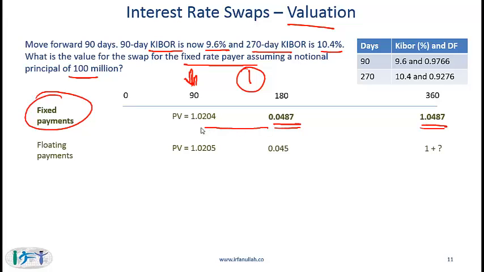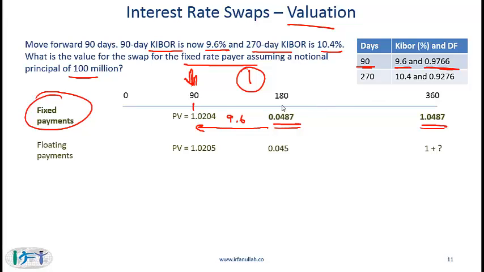If you discount this back using the 90-day rate of 9.6%, you will get 1.0204. And just to make sure, you should be able to calculate this discount factor. It is quite likely that on the exam you will be given the discount factor, but I'll just show you where it is coming from.